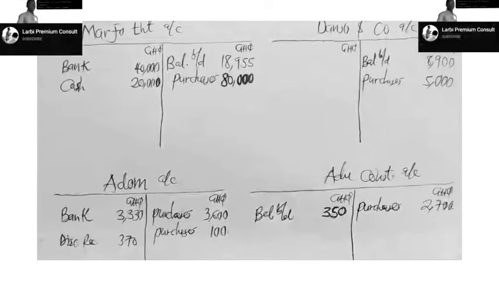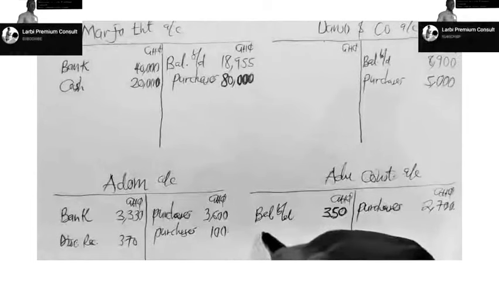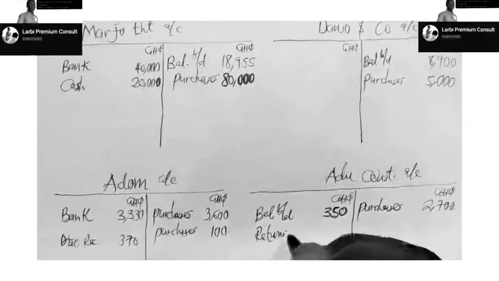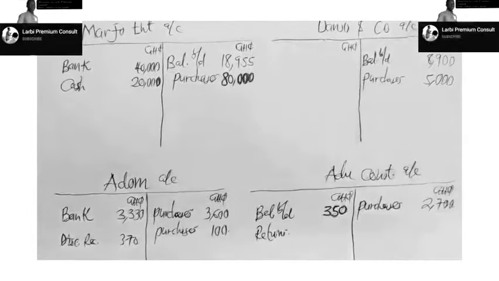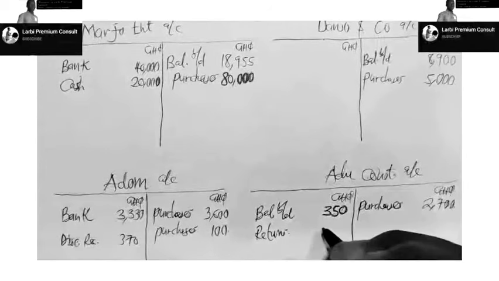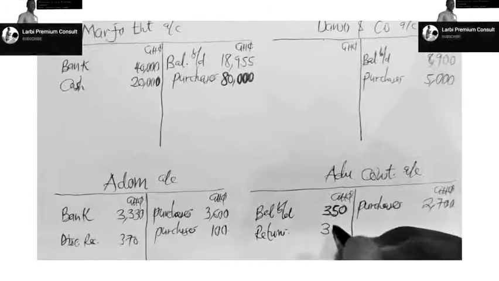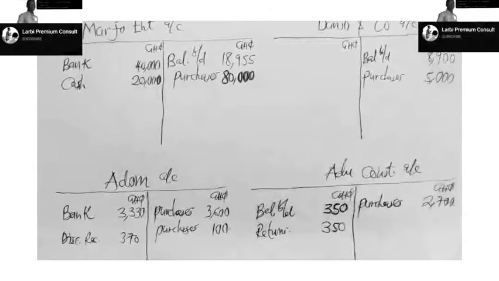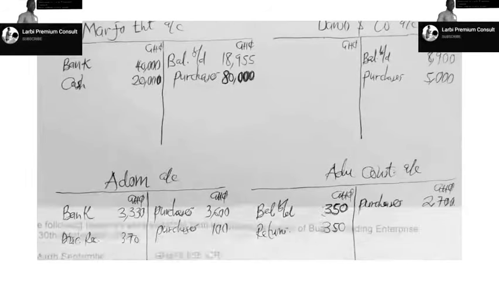So Boabin's account will be credited. Then Edu is the one receiving. So we are going to debit Edu's account in the name of what? Returns, right? So return out. Returns of 350. All right, let's see whether we have other information also related to Edu Construction.